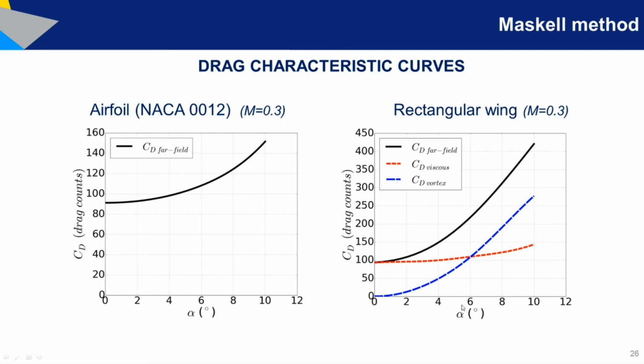So now we have a more realistic representation of the physics. In 2D cases, I only have the profile drag, this curve right here. But in 3D cases, besides profile drag, I have the 3D effects that is linked to the vortex drag. And of course, the addition of these two phenomena will give me the total drag.